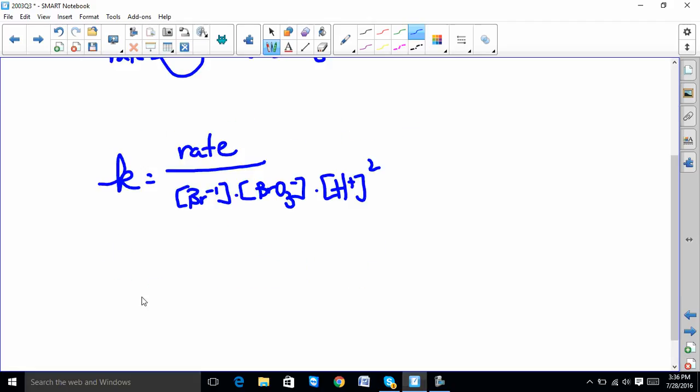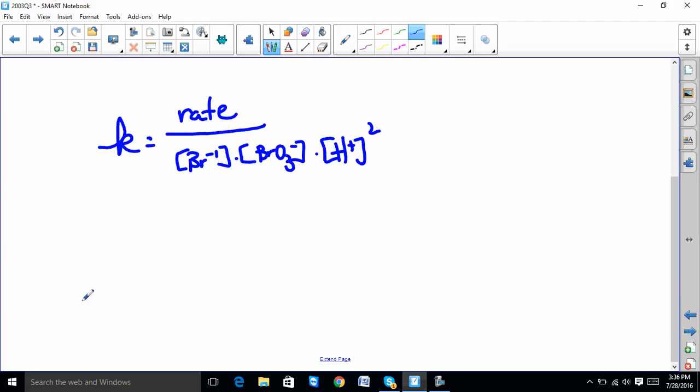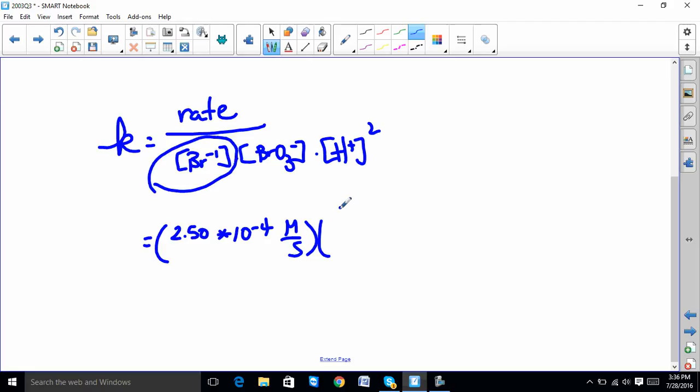And so I'm just going to keep scrolling down. In trial 1, the rate was, and units are important, 2.50 times 10 to the negative 4 molarity per second. And then because this is downstairs, I'm going to multiply by the reciprocal, 1 over 0.0100 molar times 1 over 0.00500 molar.